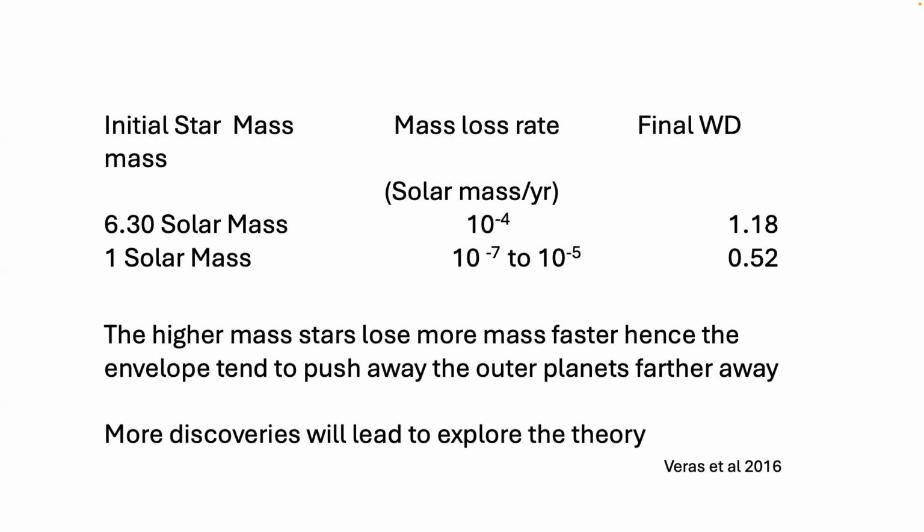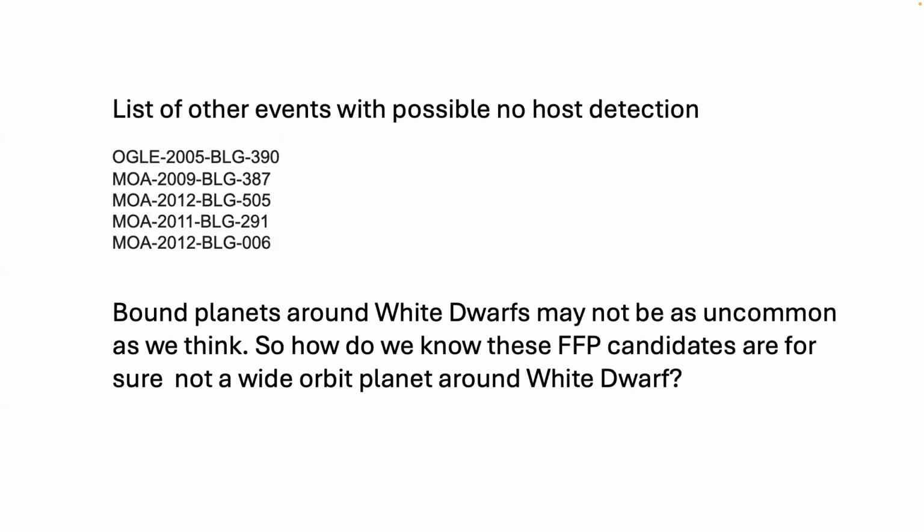That means we can have planets at very high orbits. So when we think about free floating planets and confirming whether they are free floating or not, we need to consider these kinds of cases, especially white dwarfs that are very hard to detect. There are still a few more events with no host detection, but I don't want to comment too much about them because these analyses are still going on.